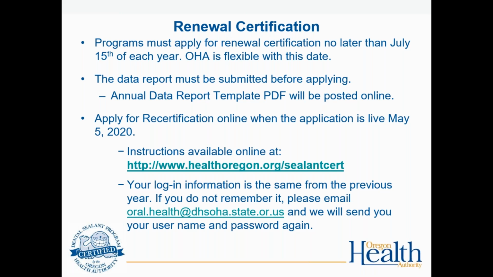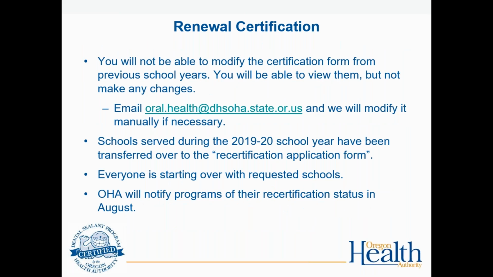And then once you've completed your data report and submitted it, once the application for recertification is live, that's actually for the 2020-2021 school year, and it's up about May 5th.